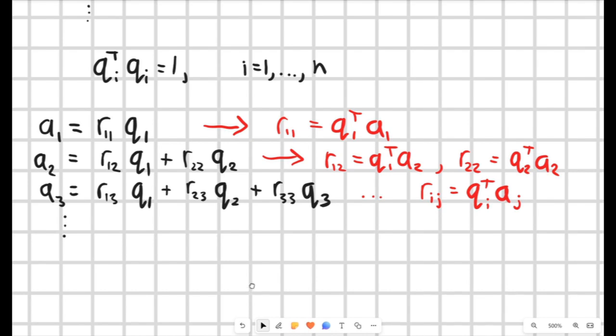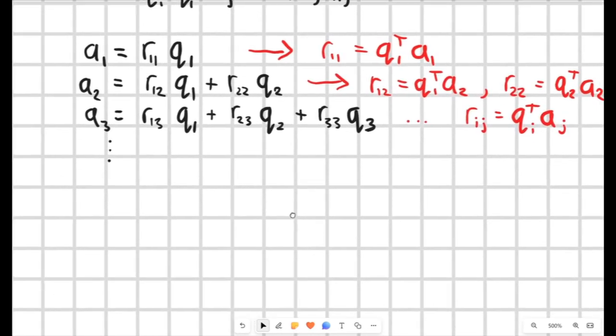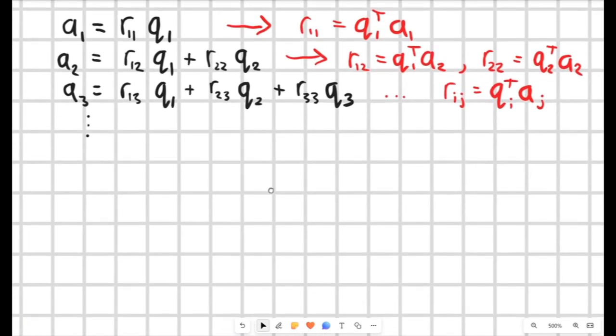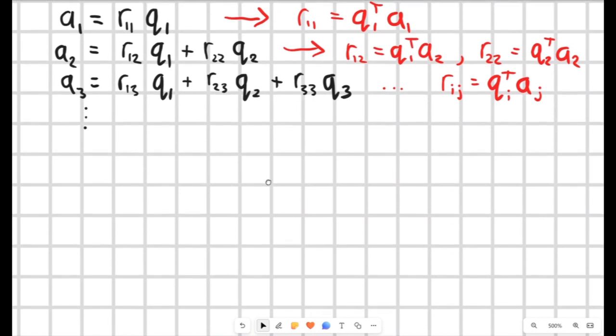So now we're going to assemble these results into a sort of matrix form, and in doing so complete the QR decomposition. So again, we're going to write our matrix A as columns.